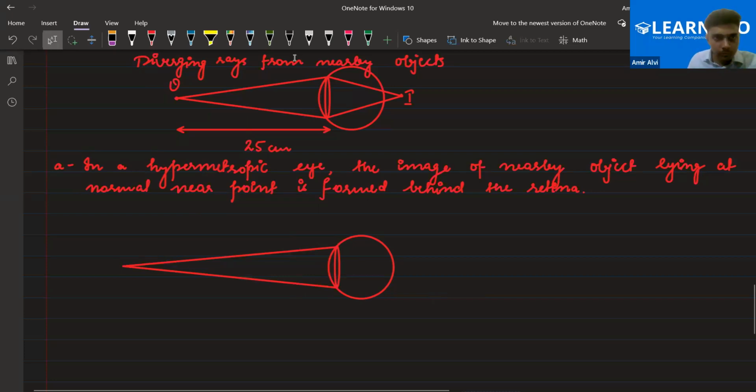As you can see, the near point of the normal human eye is increased, it is more than 25 centimeter, right? Yes, sir.